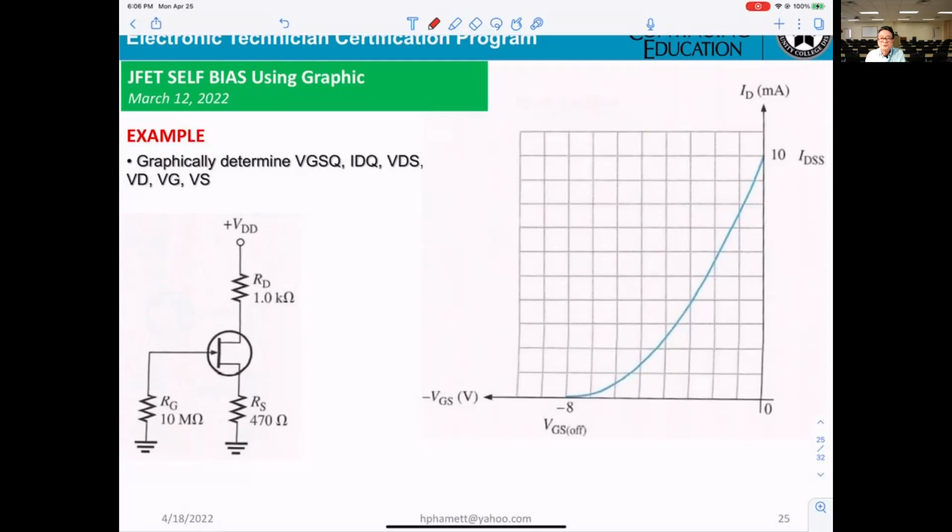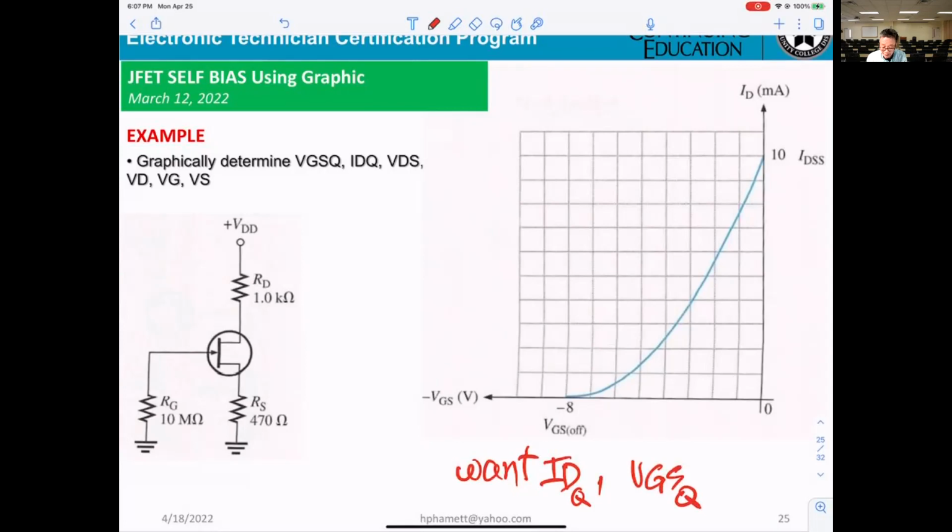That means VGSQ and IDQ using the graphic. That means any point in the display.